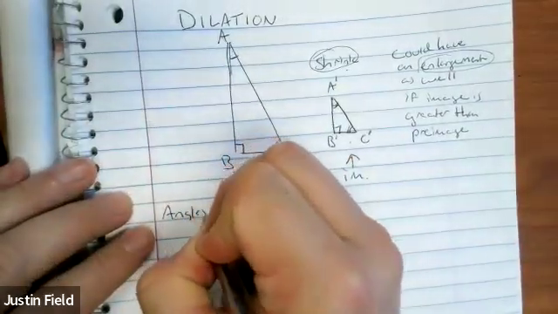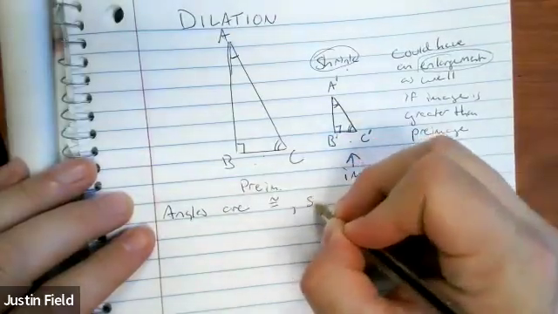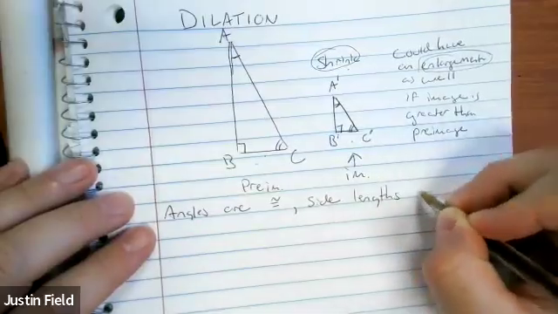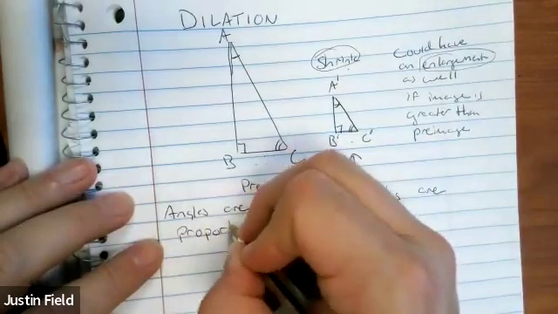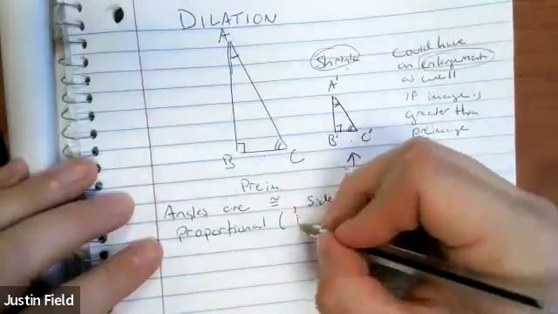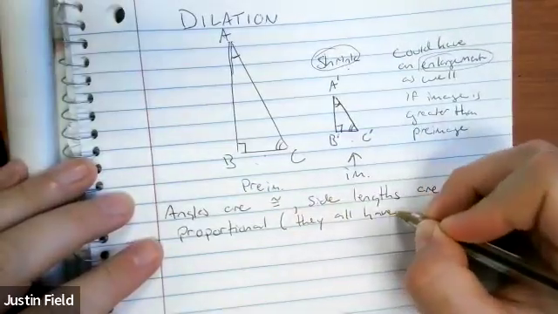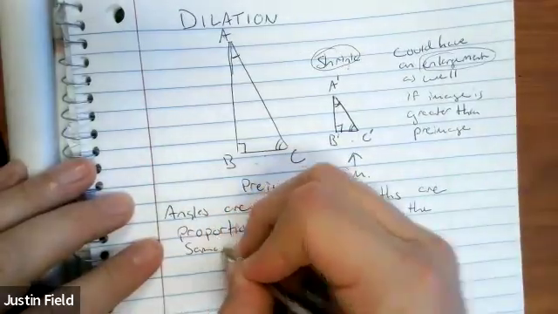Angles are congruent. Side lengths are proportional, which means they all have the same ratio.